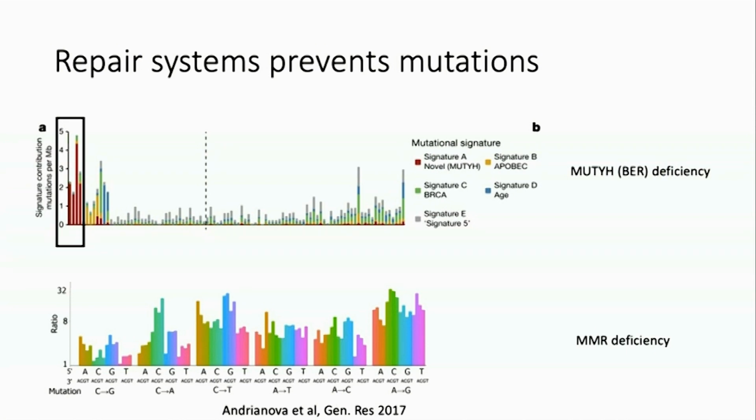For example, here are the cancer samples with mutation in one gene. These are cancer types with mutation in another repair gene. And that's how mutation rate increases in these two cases. It may increase by a factor of 10 or even 100.